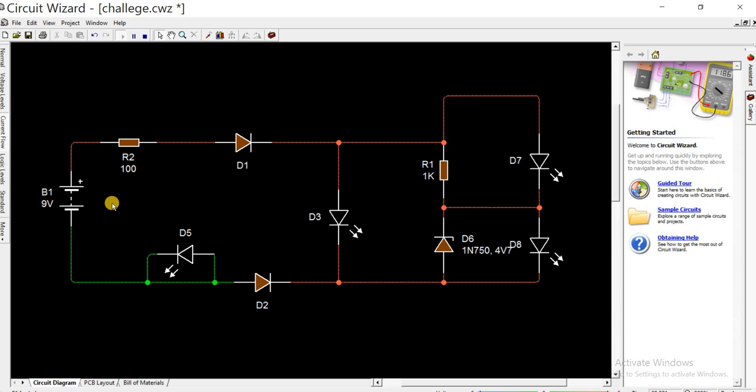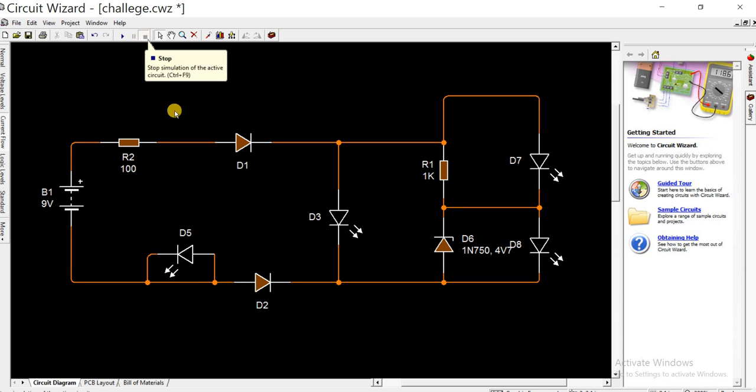That means if you remove D4, all the LEDs will stop working, because for an LED to be working, there must be a flow of current through it, and with this configuration, the current is not able to flow. Hope you're getting it. Okay, that's the first question.